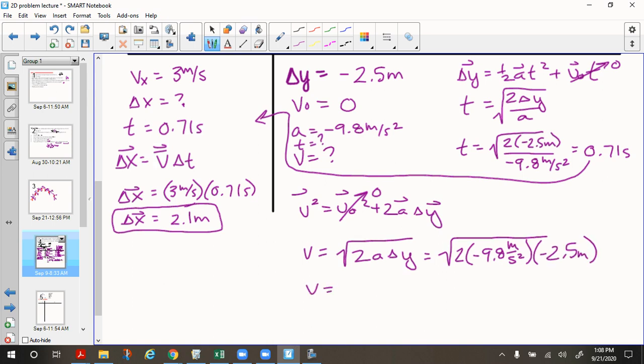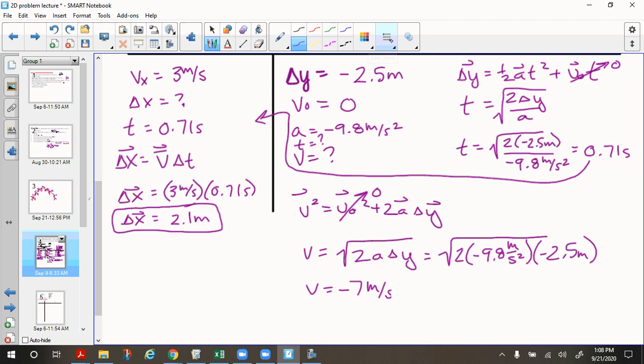And that gives us a velocity of negative 7 meters per second. Now we have to be careful here because we're solving for velocity.